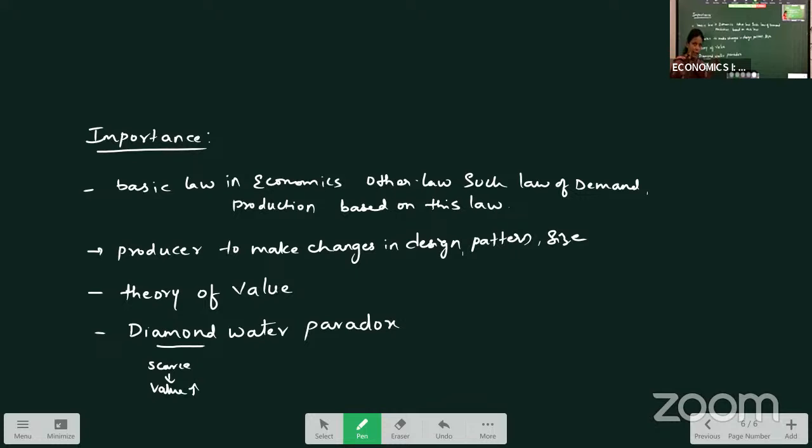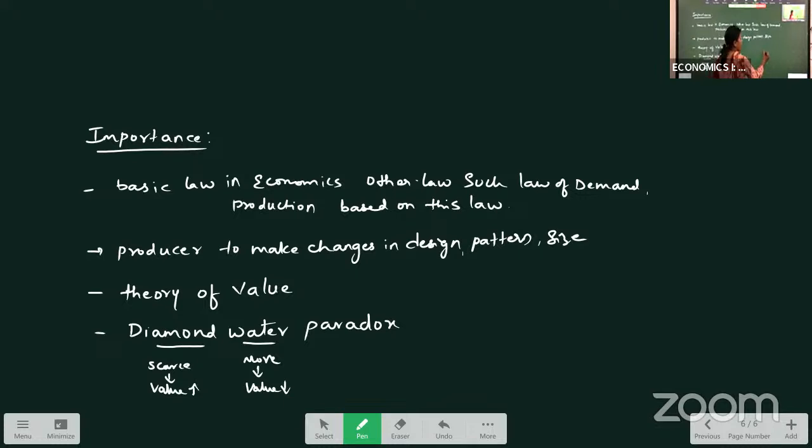Diamond availability is less, value is more. Whereas if you take water, water availability is more, but its value is less. Okay, so same thing, more quantity, less satisfaction.